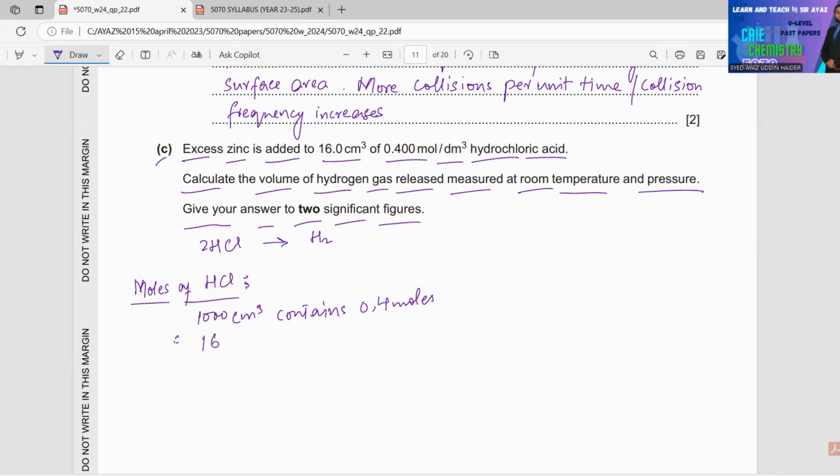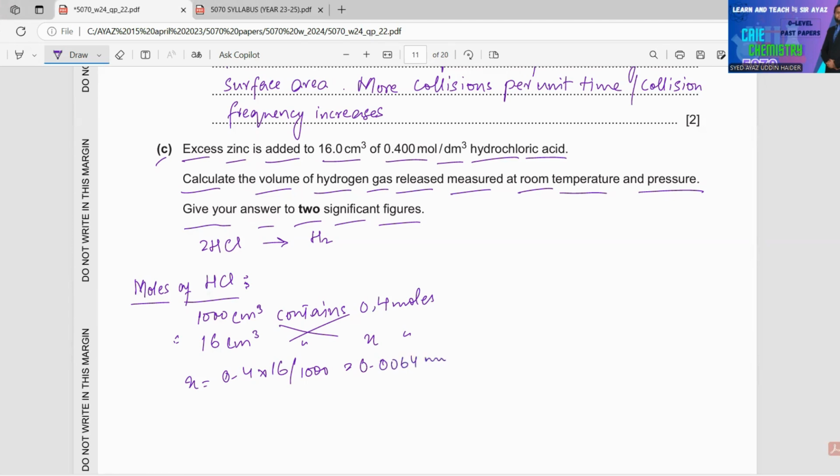Therefore, 16 cm³ contains X moles. Do the cross. So, X is equal to 0.4 multiplied by 16 divided by 1000. So 0.0064 moles.